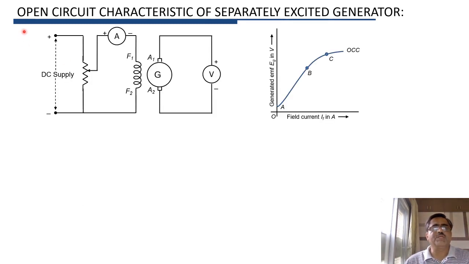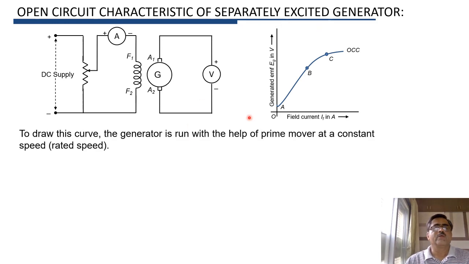Let us now see the open circuit characteristic of a separately excited DC generator. So this is the experimental setup to plot the OCC of a separately excited generator. Here the generator is run with the help of a prime mover at a constant speed.